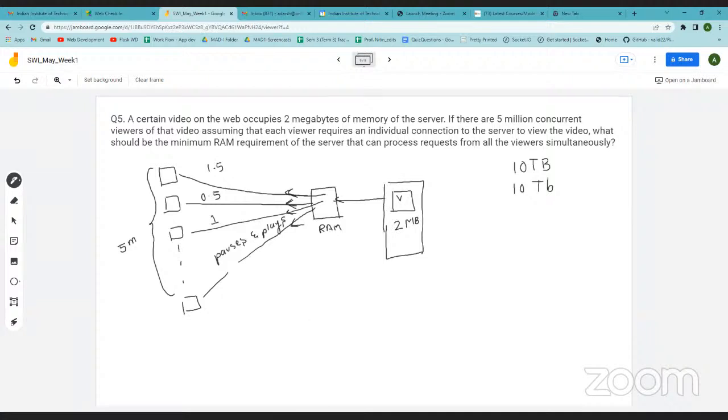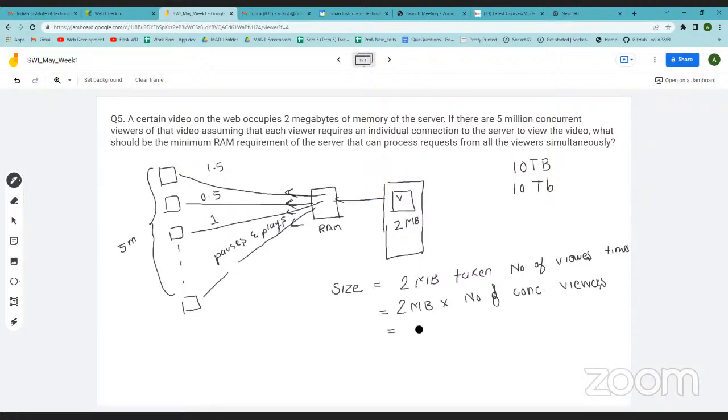So what should be the size of RAM? It is the 2 megabyte video size times the number of concurrent viewers, right?